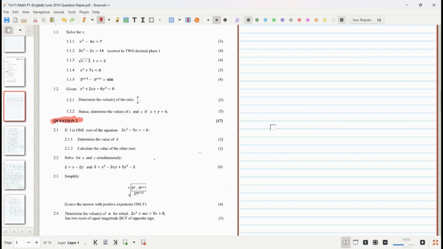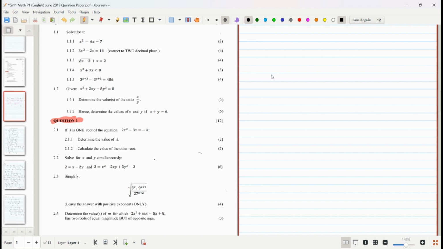So moving forward to 2.4. What we basically need to do on 2.4 is determine the values of m for which this equation, 2x squared plus mx equals 5x plus 8, has two roots of equal magnitude but of opposite sign.